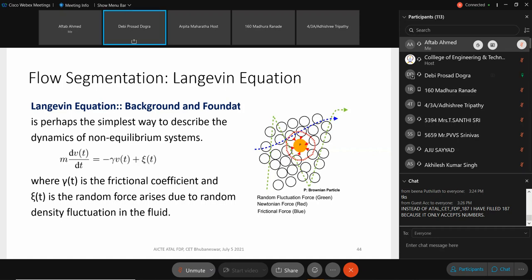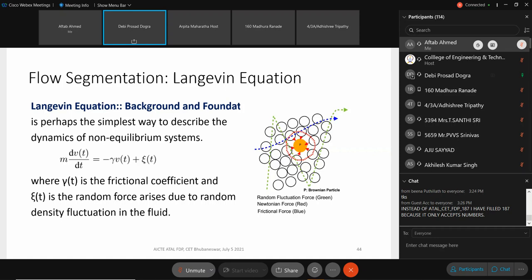The dynamics of non-equilibrium systems can be represented with this equation, where the particles are all assumed to be Brownian particles, and they experience different types of forces. One is the random fluctuation force, shown in the green dotted line in the diagram on the right.